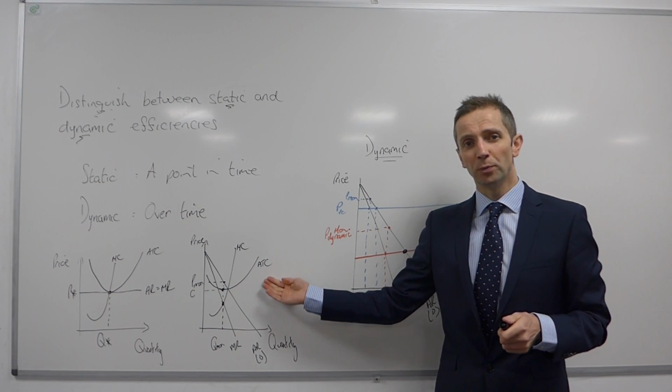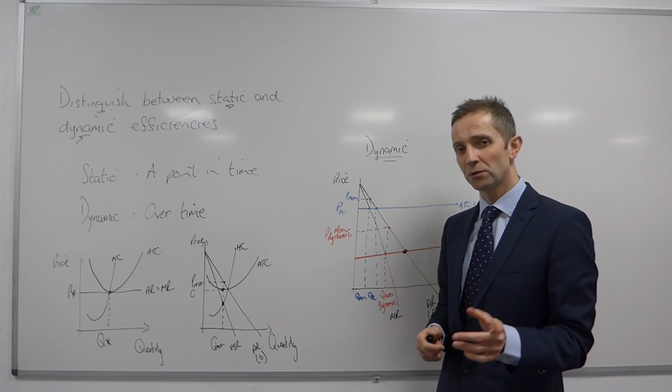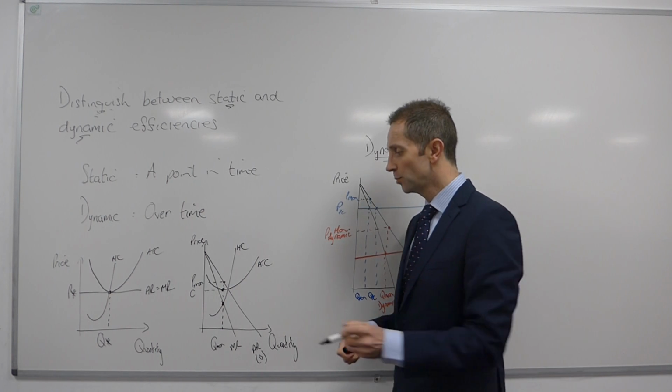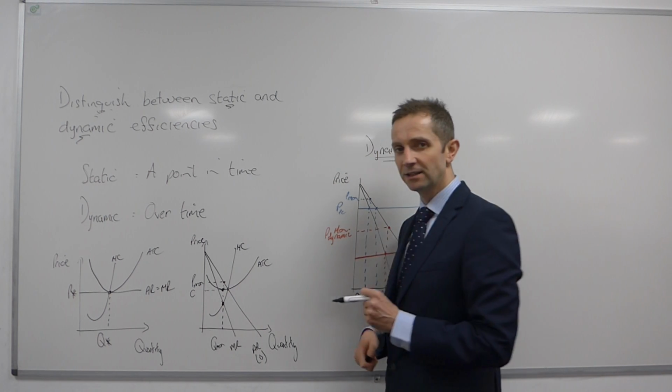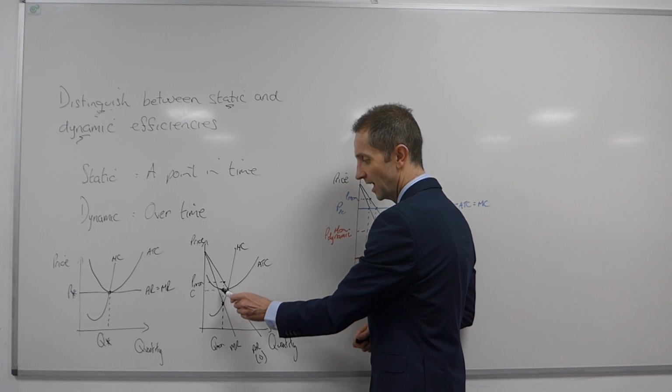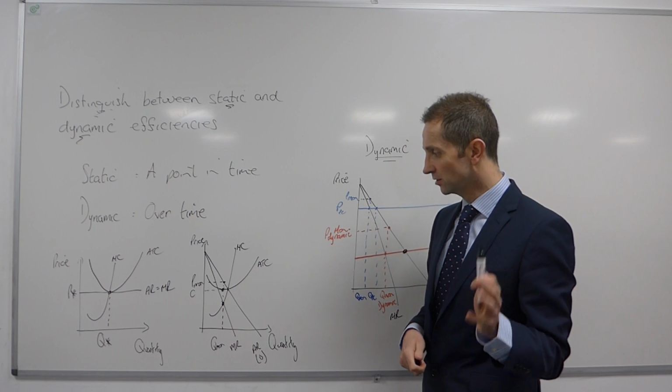Move across to monopoly. Do we experience both or either of those efficiencies? No, of course we do not. It is not productively efficient because there is the minimum point of the ATC curve, but we are slightly to the left of that, as you can see. And does price equal marginal cost?